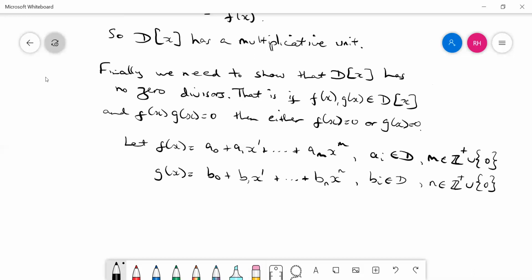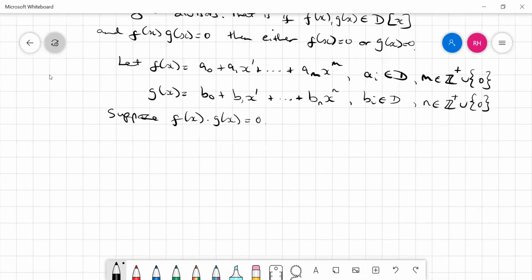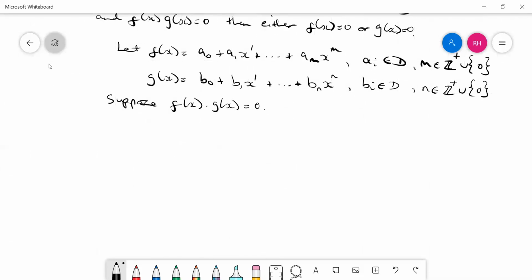So let's suppose f(x) times g(x) equals 0. Let me just raise this up a bit now. Okay, this is a bit cunning, this little proof. So I'll twist this around.